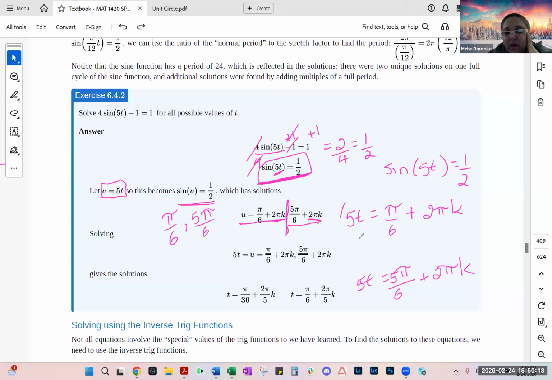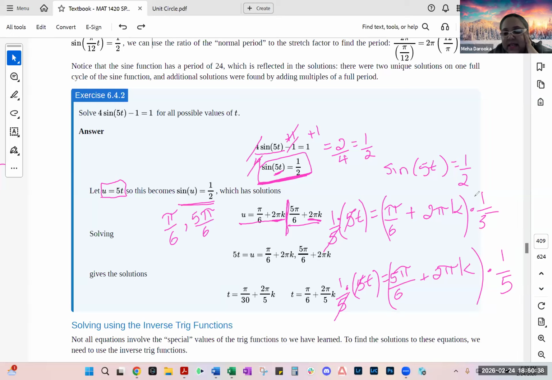However you want to do it, that seems convenient. You can divide by 5, or in my case, I would probably multiply by 1/5 because it'll be easy to work with that first fraction. So same thing here, multiply both sides by 1/5. Of course, these guys will cancel out on the left, leaving you with just t.